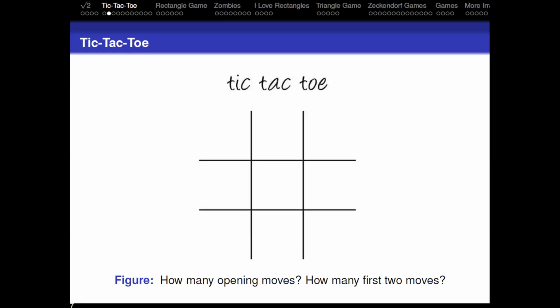8. Why 8? Because there is a square inside, and there's 8 open moves outside. Well, can't you go in any square? Shouldn't there be 9 opening moves?